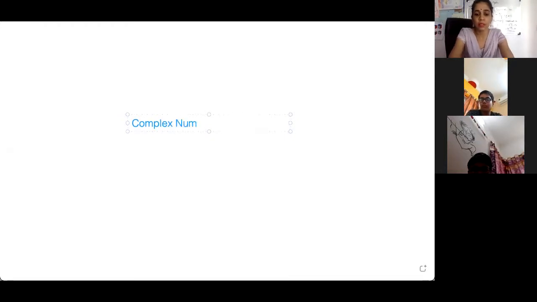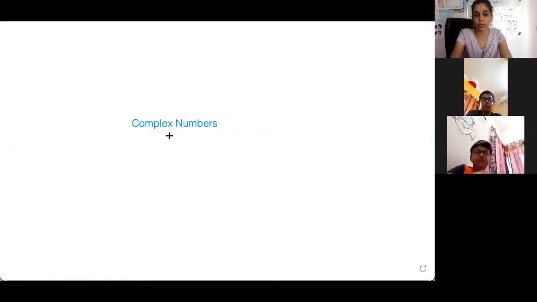So complex numbers, which is the superset, now I will divide it into two parts with the help of a flow chart. If I divide complex number, it will have two parts. One is real and the other one is imaginary.